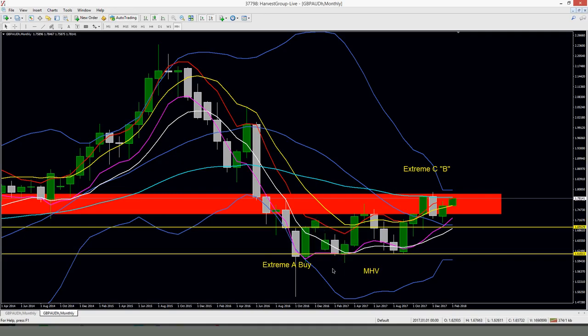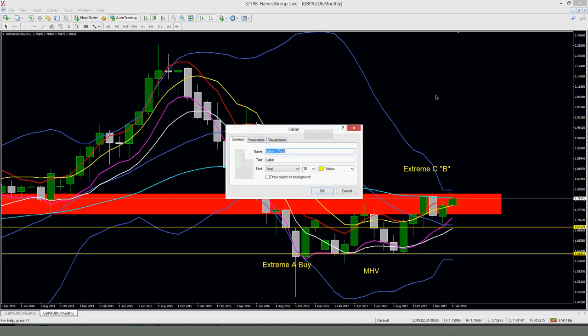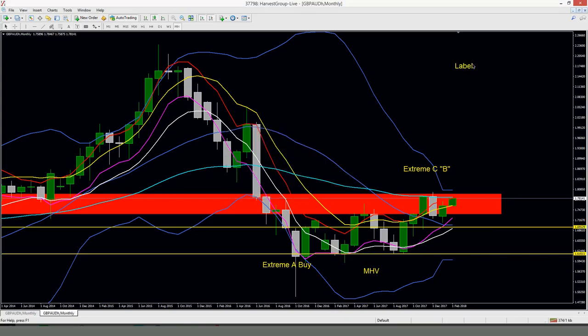As soon as the market goes down and doesn't break through low BB, then this candle here is the second characteristic of MHB. Okay, so let me just write this down. MHB.